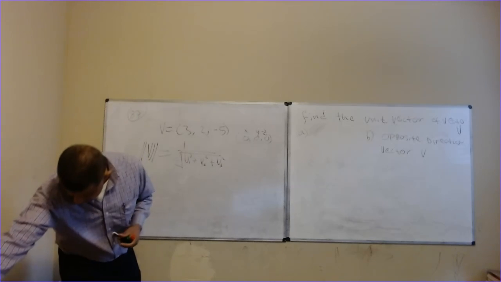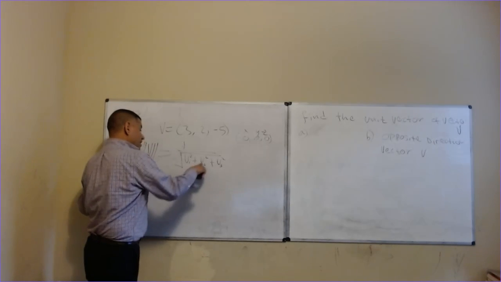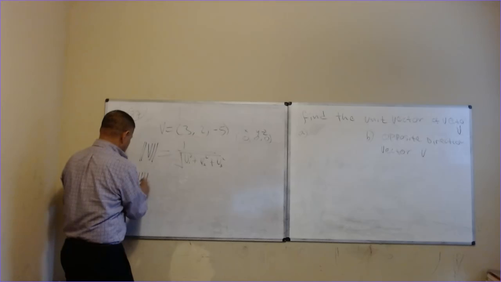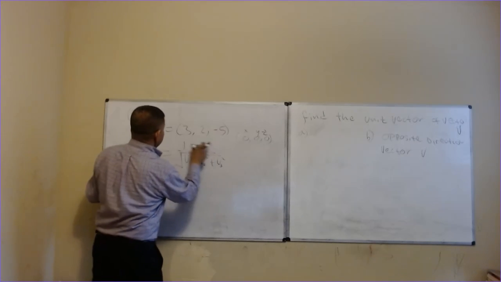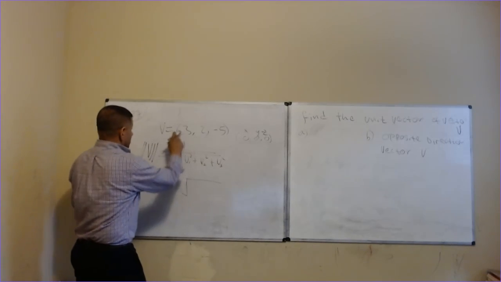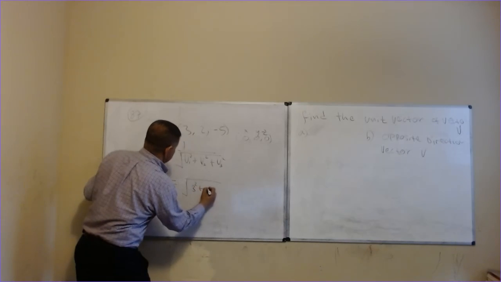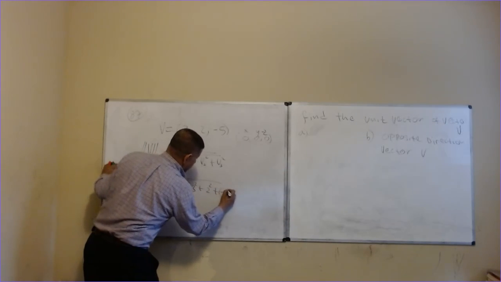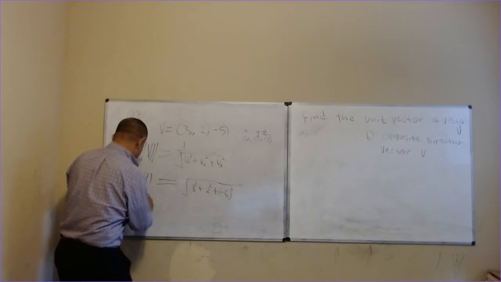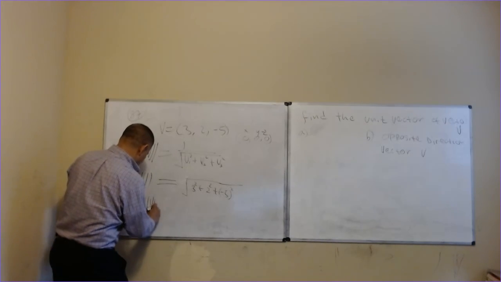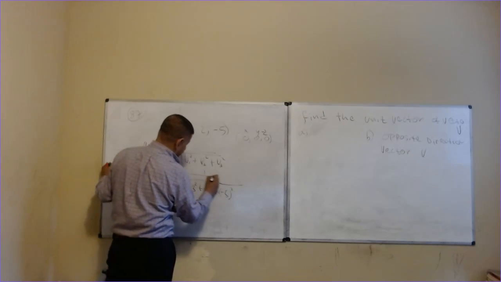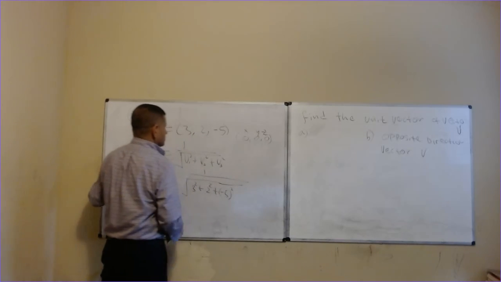Okay, so in this case, we will follow this formula, right? So this is 3 squared plus 2 squared plus a minus 5 squared, which is the magnitude of the vector v. And remember this is over 1, so put that over 1, right?